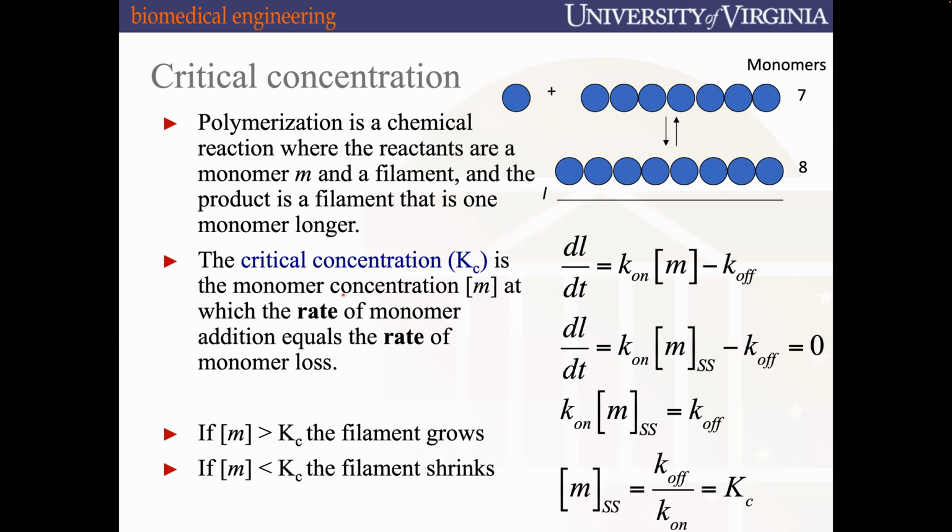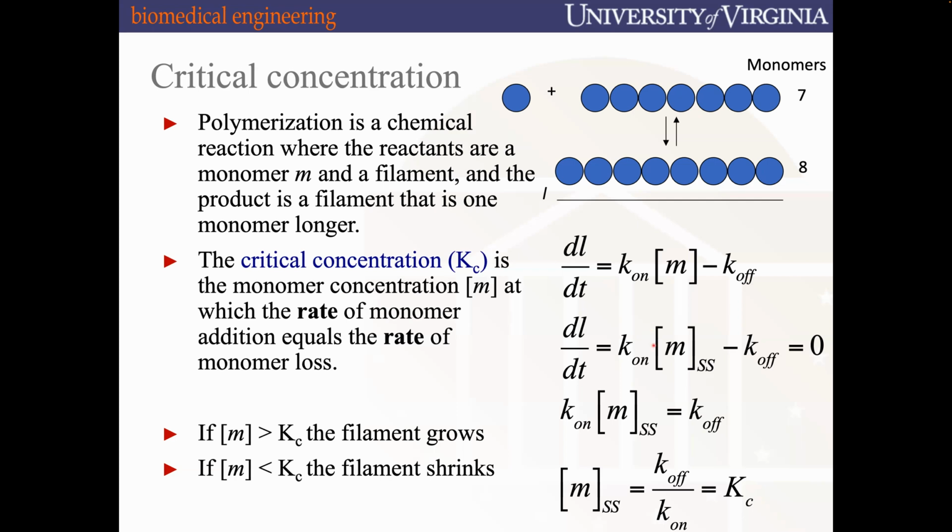So are you referring to the M? Yeah. Yeah, good question. This first equation right here is just the rate equation that we would write to define how this length is changing. So this is going to be a function of how they're added and how they're removed.